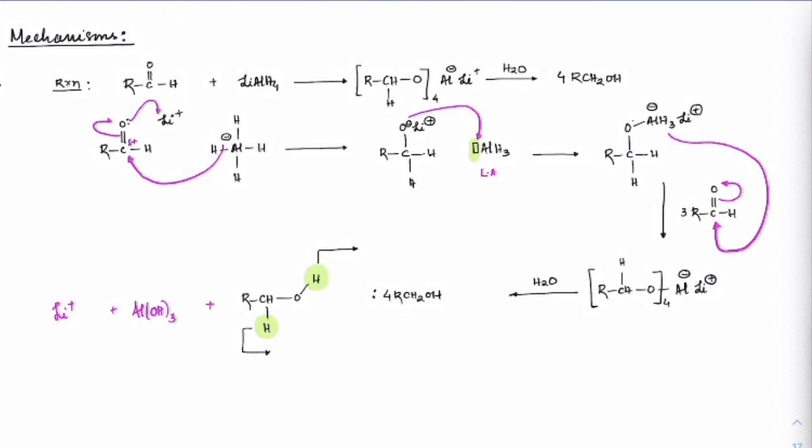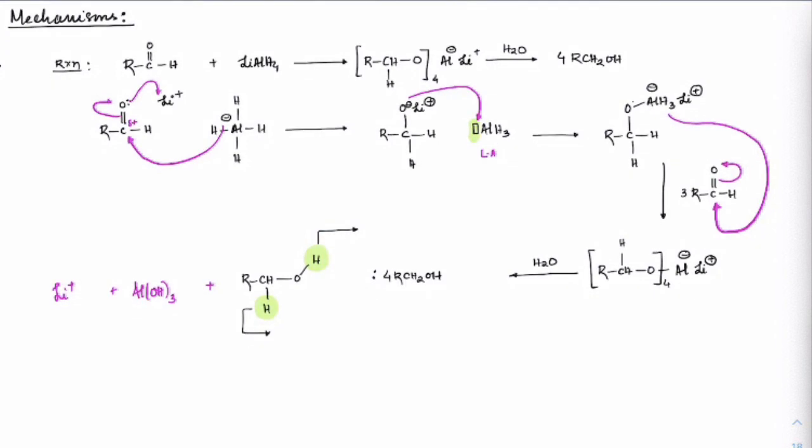In the alcohol form, you know what all things happened here? We got one hydride here, and as well as this hydrogen. The hydride which has come, this comes from lithium aluminum hydride, while this hydrogen comes from water.